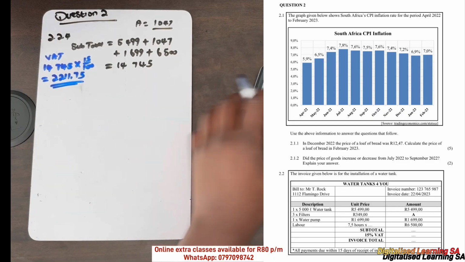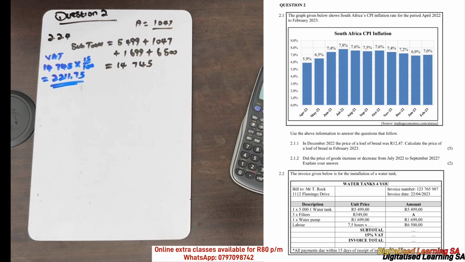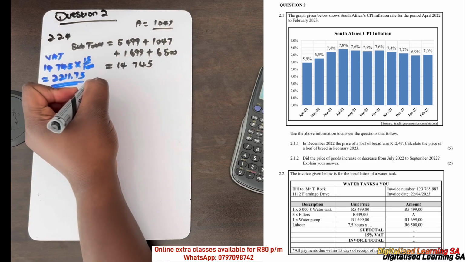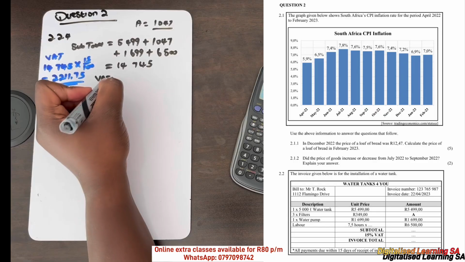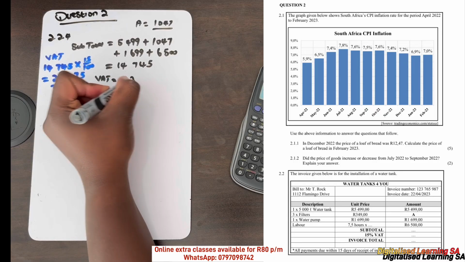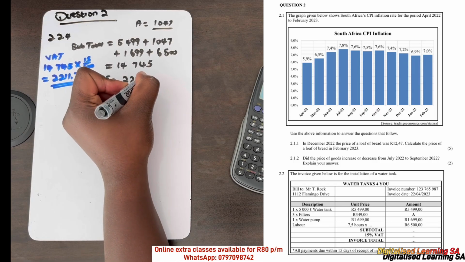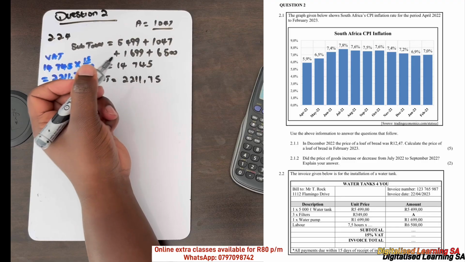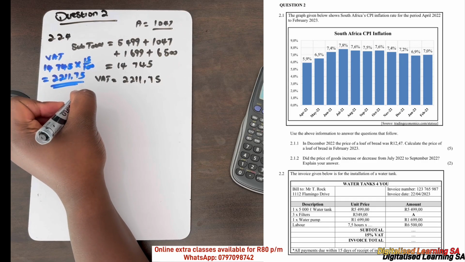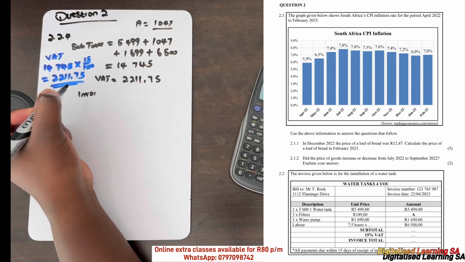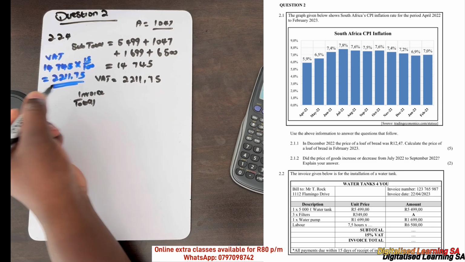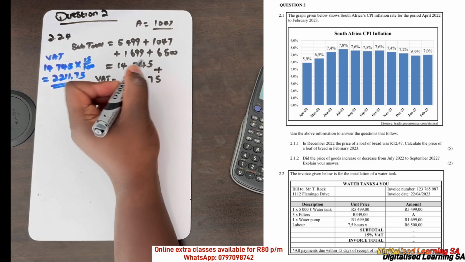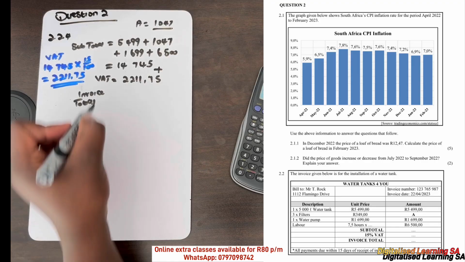So now what we need to do, we can just say our VAT is equal to 2211.75, and then our invoice total will just add our subtotal and our VAT.